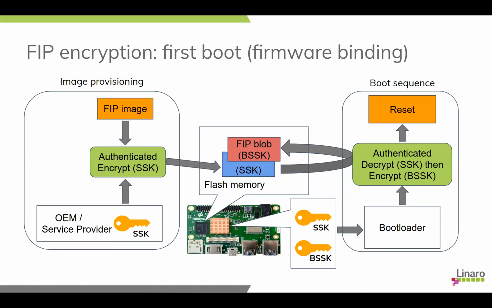Now, during the first boot sequence, the bootloader has access to both the key types, SSK and the BSSK. It uses the SSK to decrypt the FIP image and then re-encrypts that same image using the BSSK and flashes it onto the device flash memory. And after that, it issues a reset.